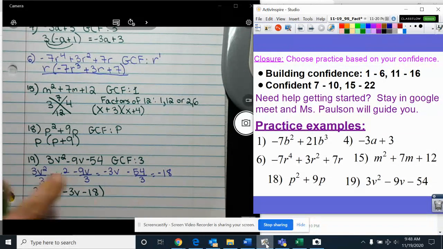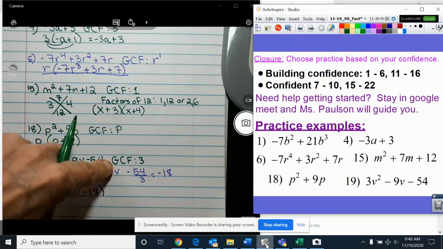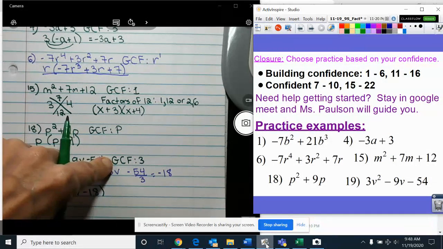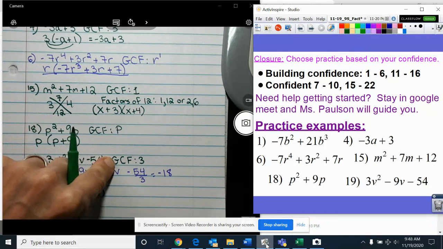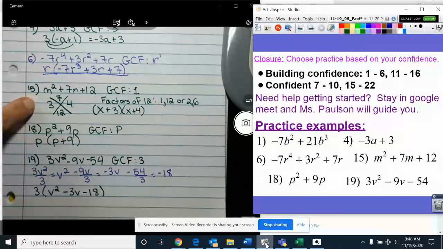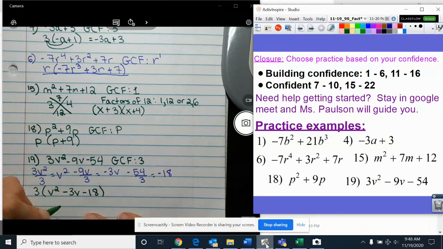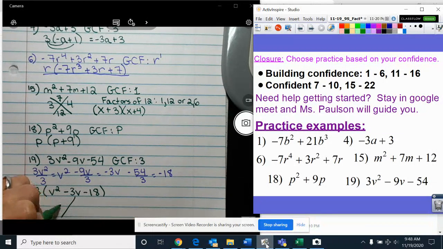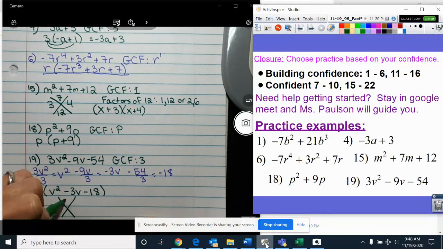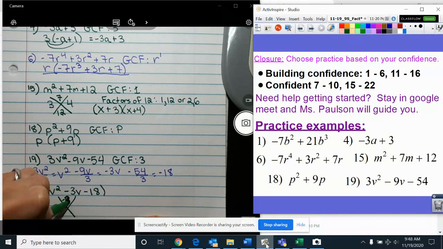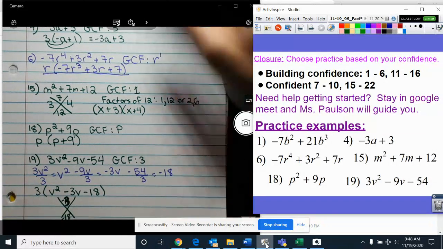Now, once we've factored out that greatest common factor, we're now at a process like we were in 15. What two numbers will add up to negative 3, the middle term, but multiply to equal negative 18?